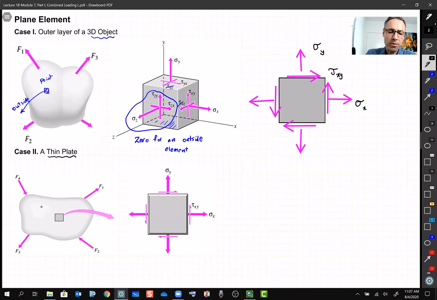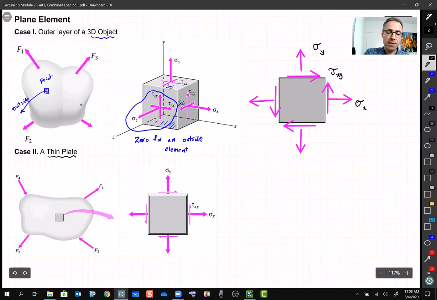In that scenario, we say, well, we don't need to be worried about this depth, like this Z on this 3D element. Because it's so thin, we just ignore the stresses and we show it as a 2D element, as you can see here. Right? So one more time, two scenarios in which we can simplify 3D elements, get rid of it, and then work with a 2D element.